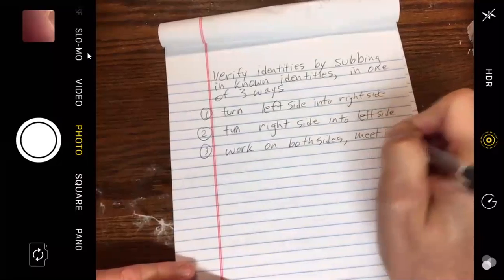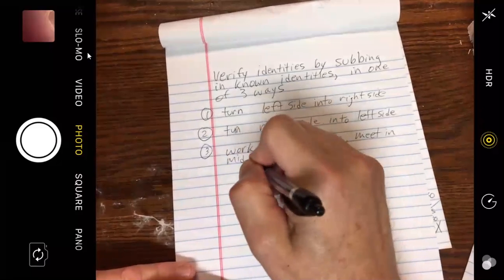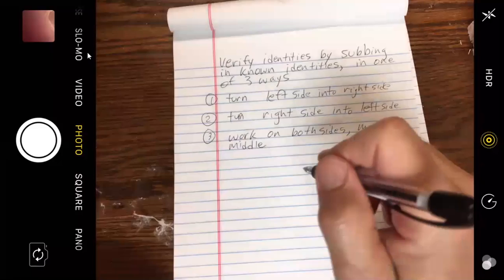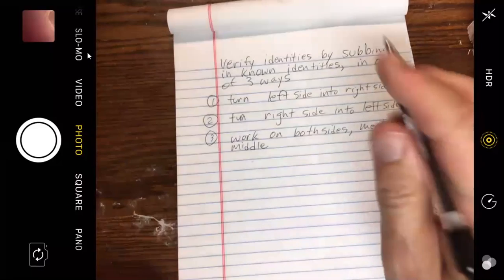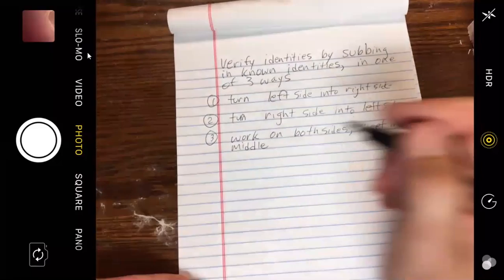Work the left side down to something, and if you figure out what to do next, go to the right side, work it down and see if you can meet in the middle.